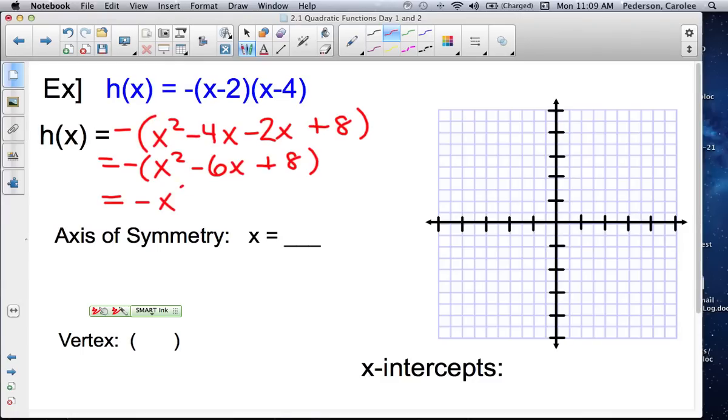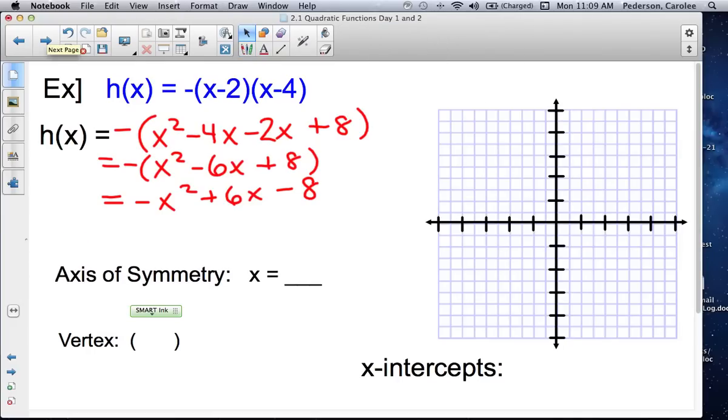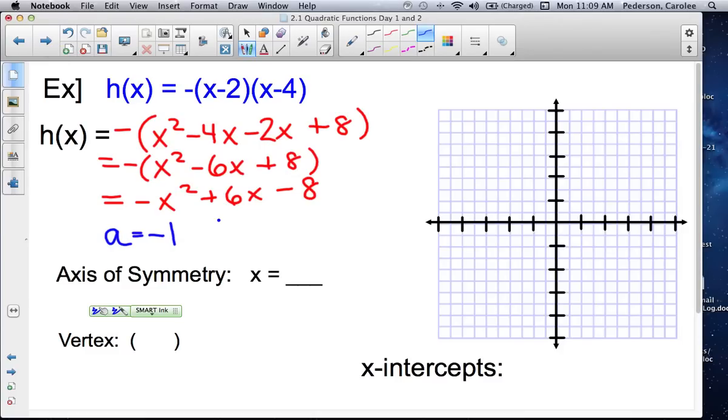So it's negative x squared, positive 6x, negative 8. I've converted this equation to standard form so that I can identify the a, b, and c. So the a value is negative 1, the b is 6, and the c is negative 8.